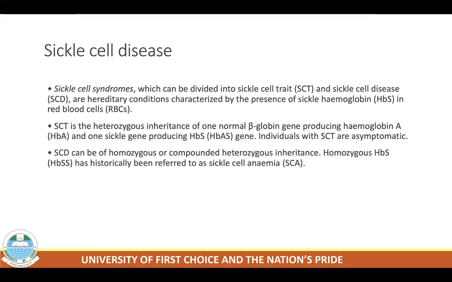Now, when someone is a carrier, that's a heterozygous inheritance where they have one normal beta hemoglobin gene producing hemoglobin A, and one sickle gene producing hemoglobin S, the HBAS genotype.